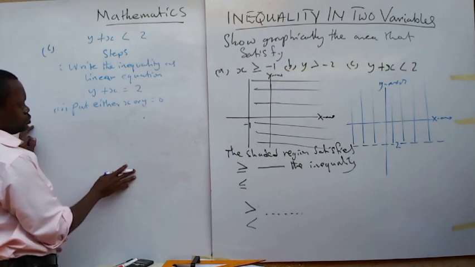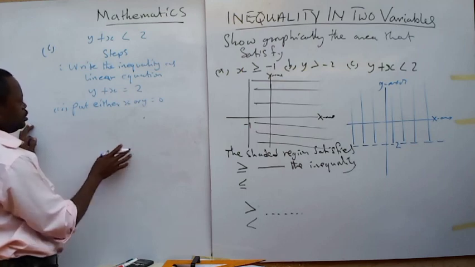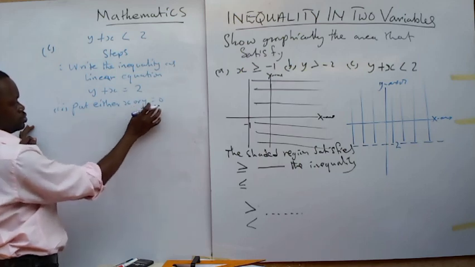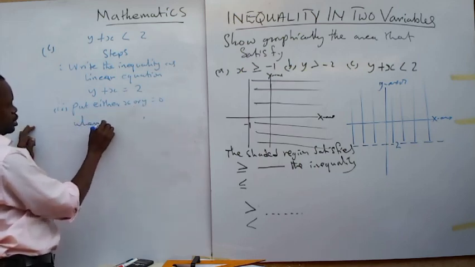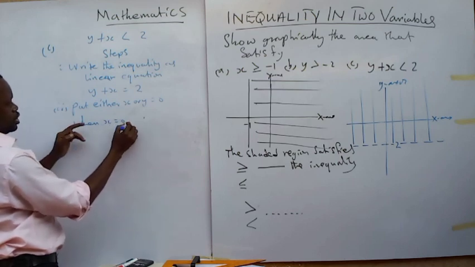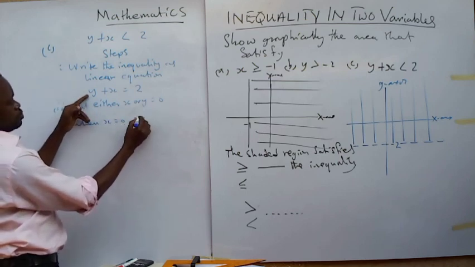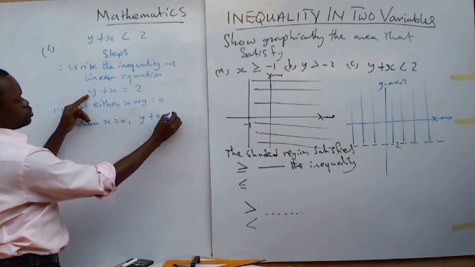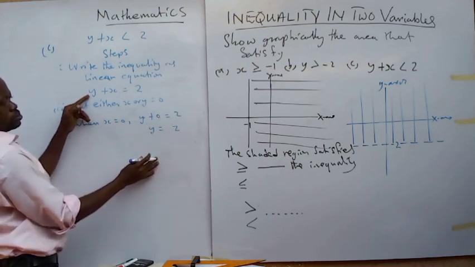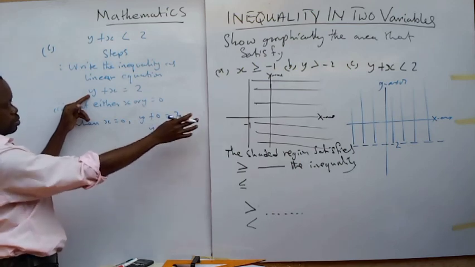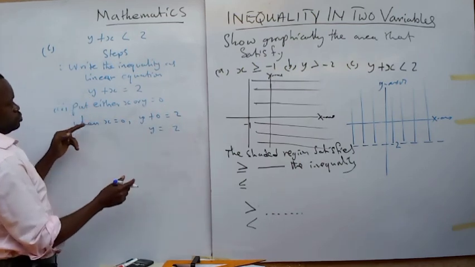So when x is 0, do you realize here that y plus 0 will be equals to 2? That means y is equals to 2. So the y-intercept is 2.